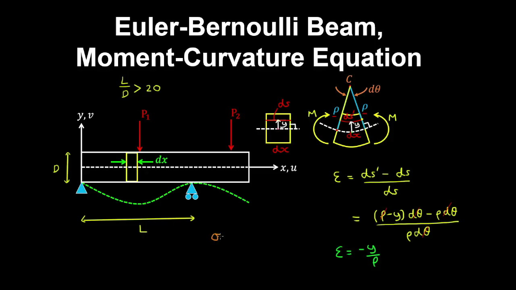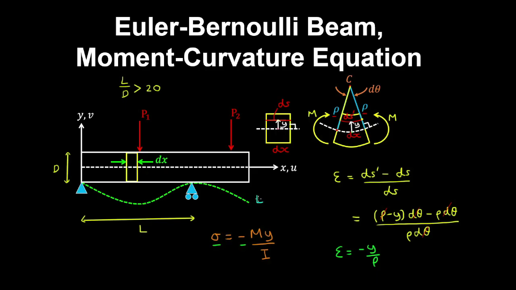Now recalling our equation for the bending stress, which is minus the bending moment by y on the second moment of area, and we had a negative sign to make tensile stresses positive and compressive stresses negative.